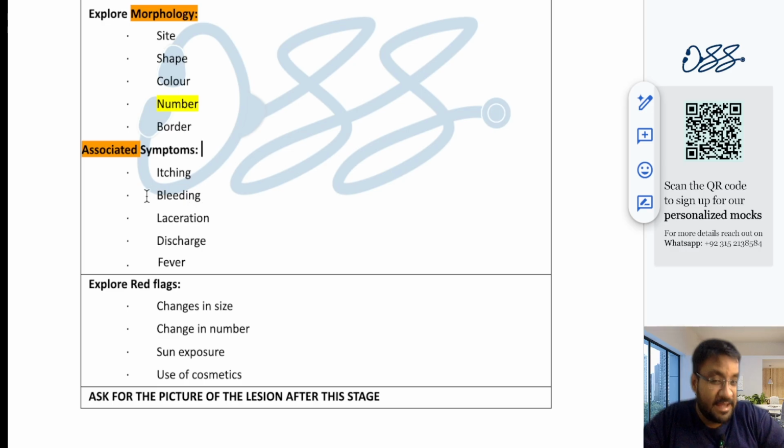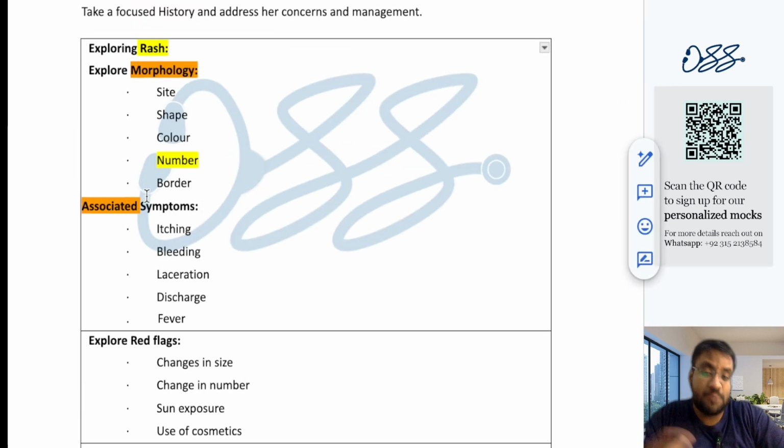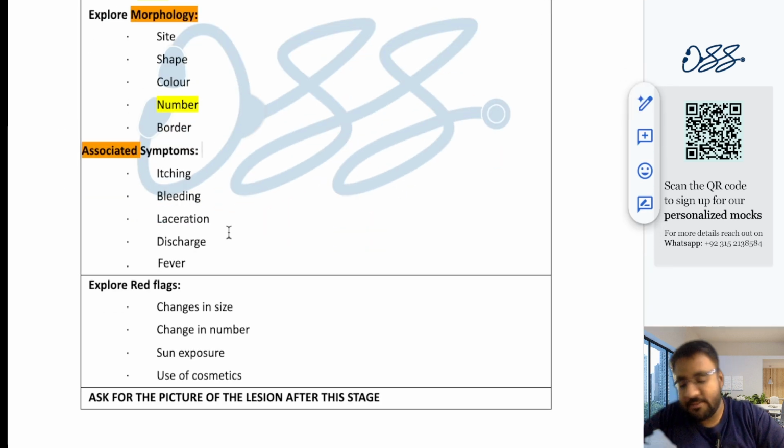If the rashes are bleeding, that means it's a dangerous sign, it may be cancerous, all right. Are there any lacerations present, okay. Do you have any discharge coming from those rashes, okay. And by any chance, are you running any fever, okay. So five associated symptoms, they should be more than enough to give you an idea and give you a much more holistic approach towards the morphology of the rash and exploring the rash and its associated symptoms, all right.